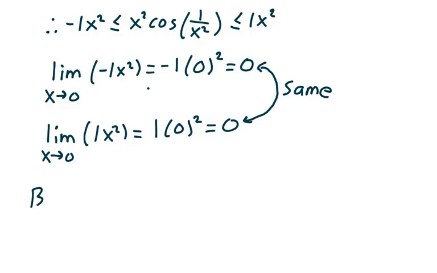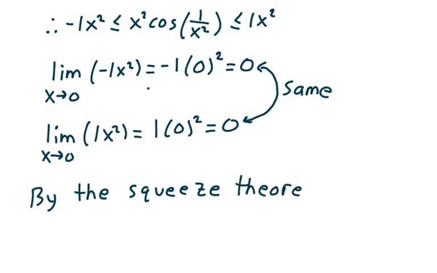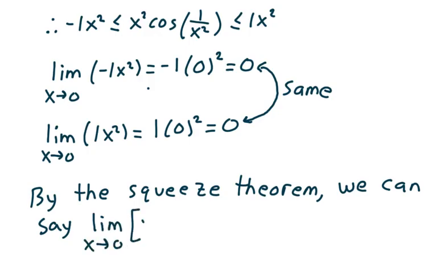So by the squeeze theorem, we can say that the limit as x goes to 0 of x squared cosine of 1 over x squared is also equal to 0.